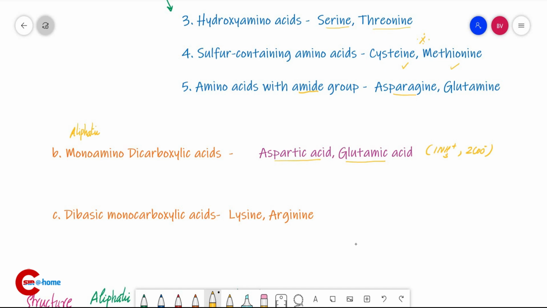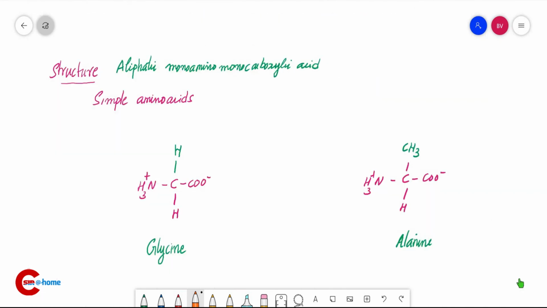That is aspartic acid and glutamic acid. Then dibasic monocarboxylic acid, which are lysine and arginine. Lysine and arginine are dibasic monocarboxylic acid. This is also very important. Next we can study the structure.